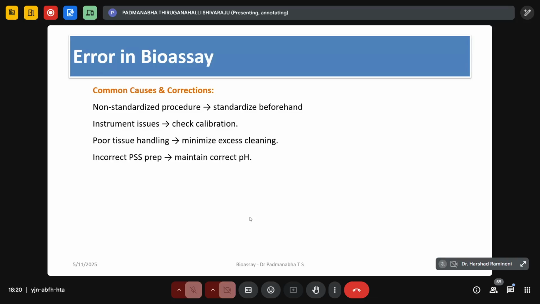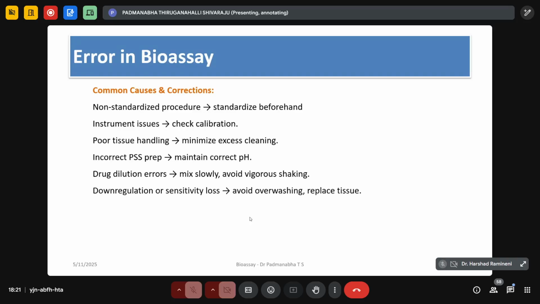And incorrect physiological salt solution preparation. We need to accurately measure each of the salts or electrolytes when we are preparing the physiological salt solution, so that we can maintain the correct pH for the tissue. And drug dilution error. Mixing has to be done very slowly and in a methodical manner, and avoid vigorous shaking, because again these things will affect the tissue response.